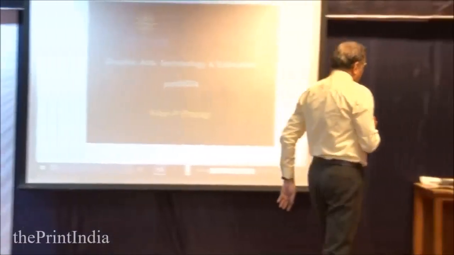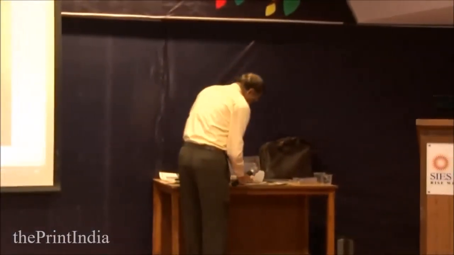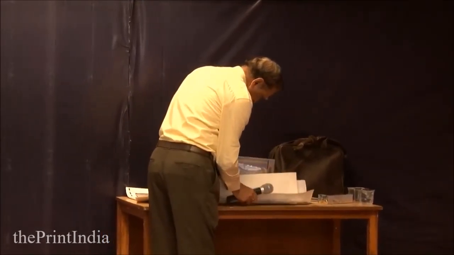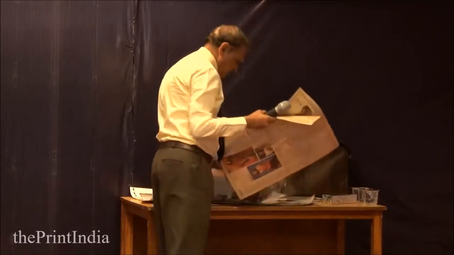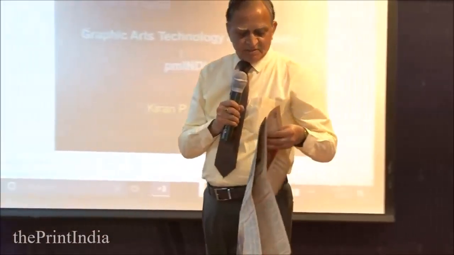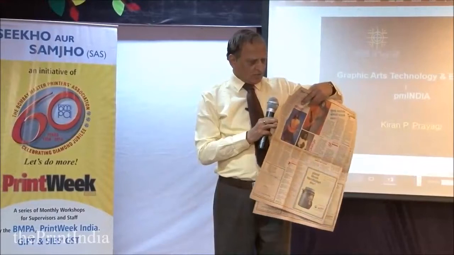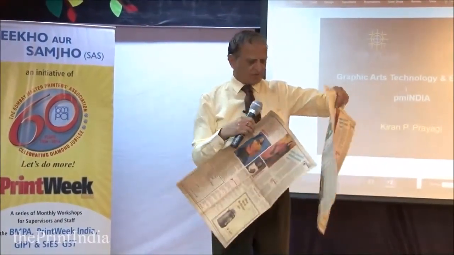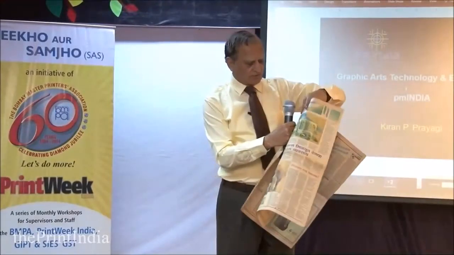Then I have paper with two different sequences. In one sequence the cyan, magenta, yellow sequence, second one yellow, magenta, cyan. So how the perspective of the image changes when you change the sequence.